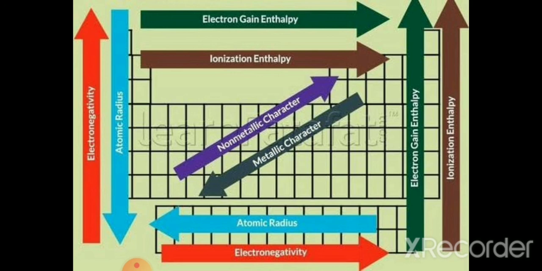Electron gain enthalpy increases across a period and decreases down the group. Since ionization enthalpy decreases down the group, the metallic character increases down the group. Since electron gain enthalpy increases across a period, non-metallic character increases across a period.